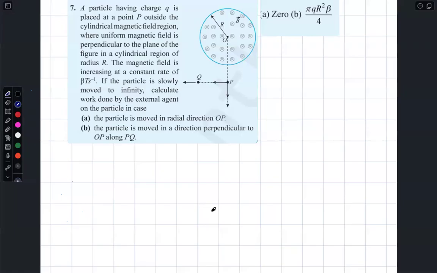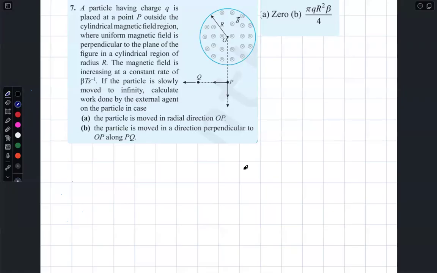PQ. See, remember, so long as you travel in this direction, there is no work required. Can someone tell me what is the reason for this? If I am traveling along the direction radially, I don't require to do any work. Why?